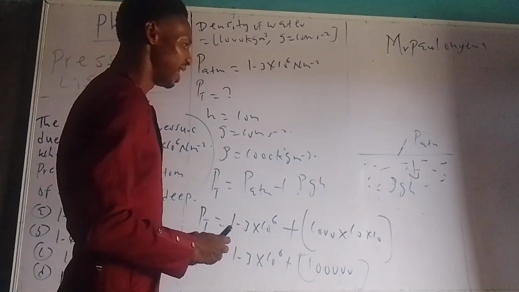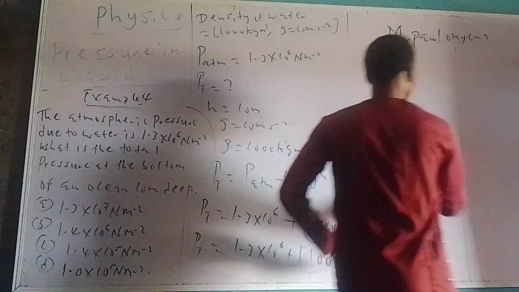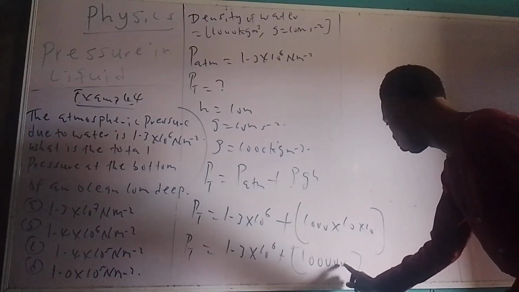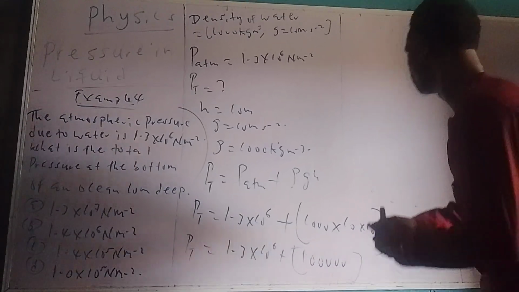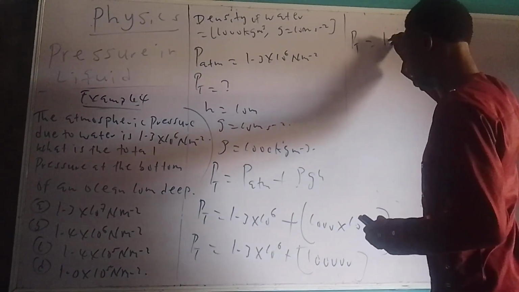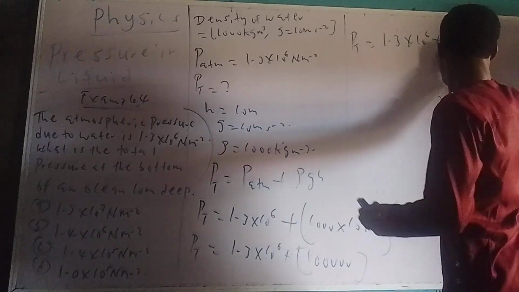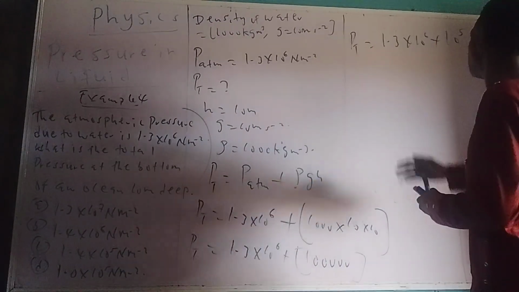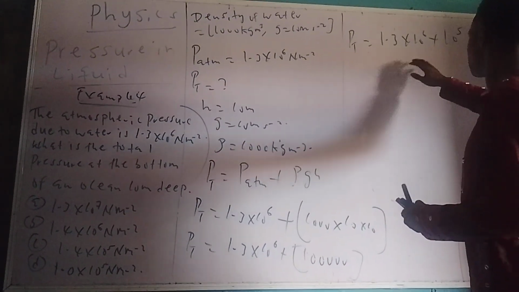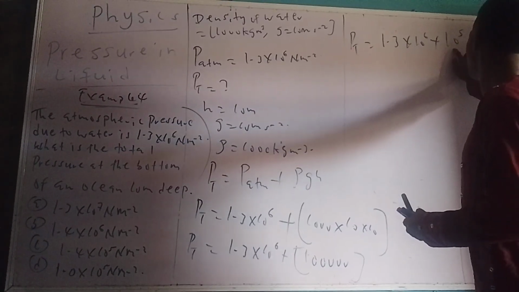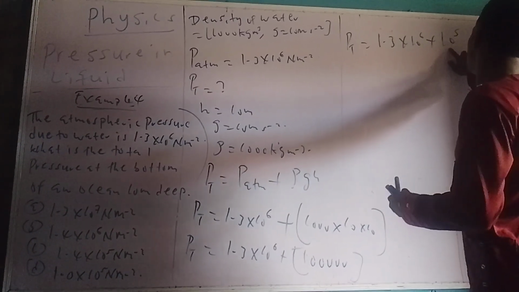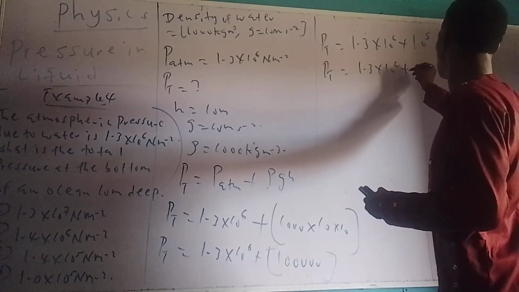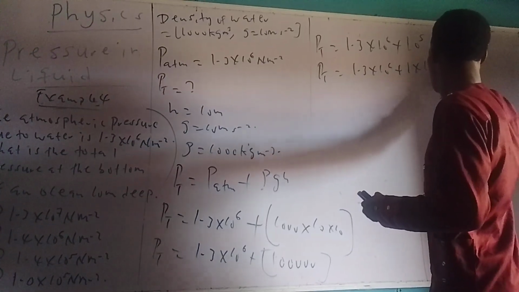Let's now continue. How many zeros are here? 1, 2, 3, 4, 5. Yes, 5. So P total equals 1.3 times 10 to the power 6 plus 10 to the power 5, because there are five zeros. If I want to simplify this in an easier way, P total is 1.3 times 10 to the power 6 plus 1 times 10 to the power 5.